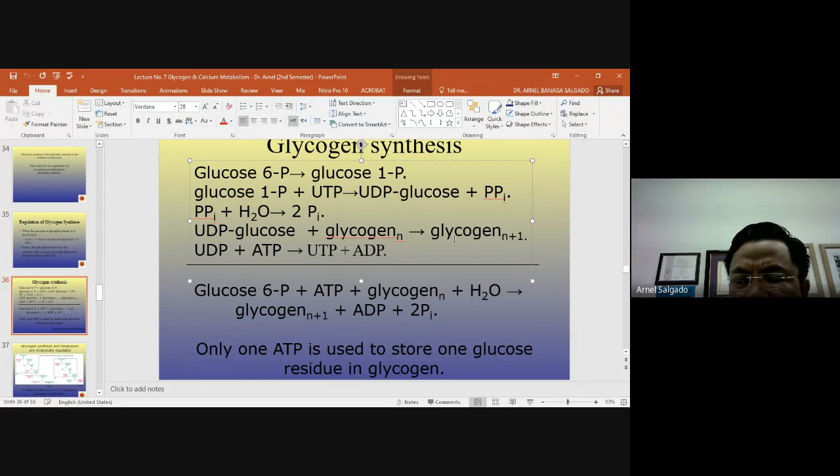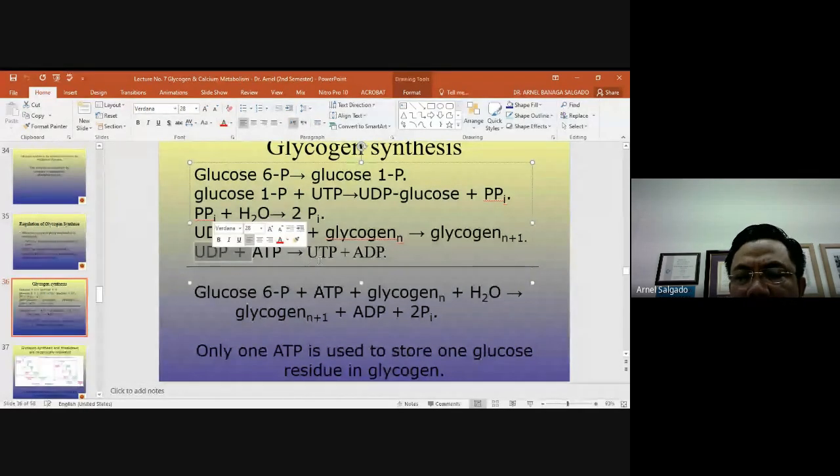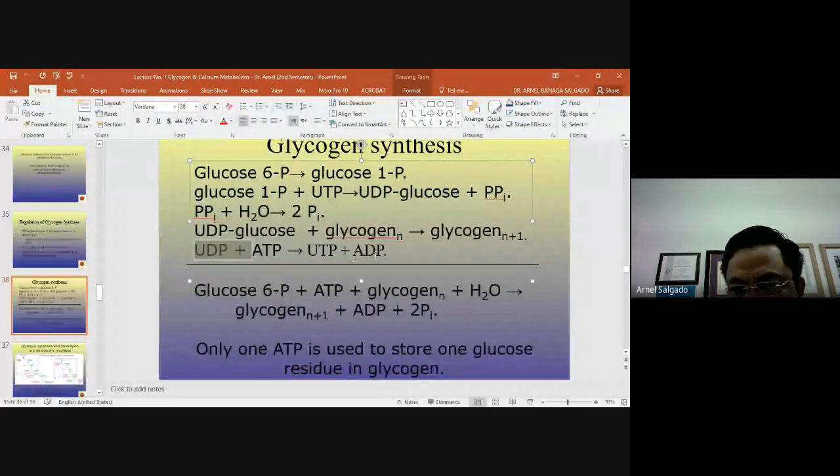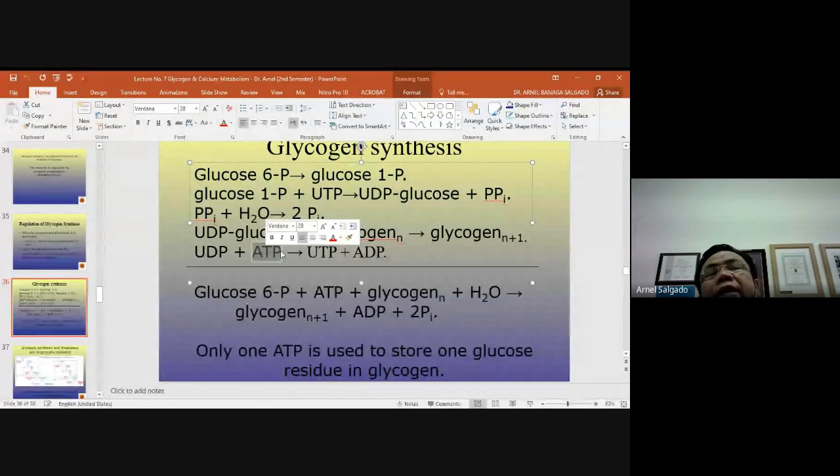Now the glycogen, there is excess, this is what we call residue, right? So this is how it actually goes, no? The UDP, then there is the production of ATP, right? We use ATP, therefore we will produce uridine triphosphate plus adenosine diphosphate. Always take note of this. During this reaction, that will be the time that we can actually produce an energy source.